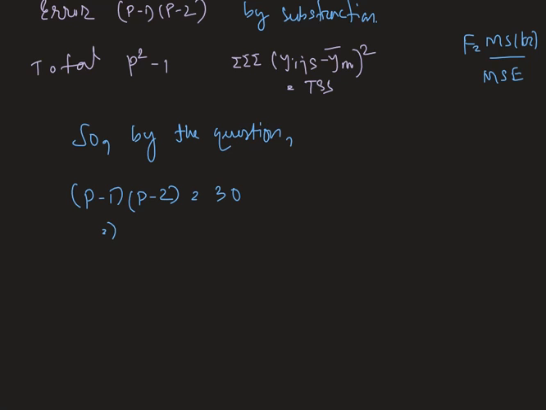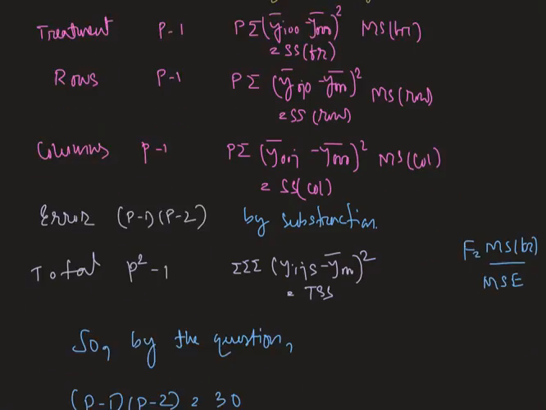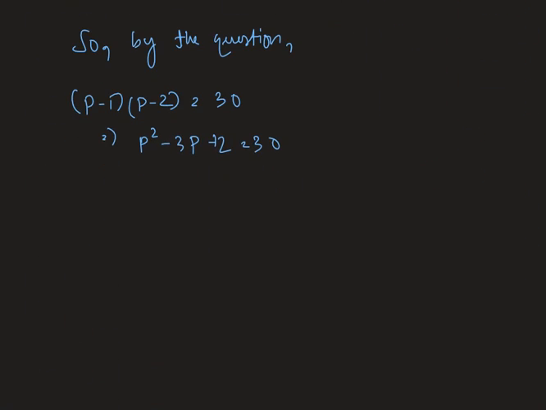So we have p square minus 3p plus 2 is equals to 30. And we need to find the treatment degrees of freedom. Now the treatment degrees of freedom is p minus 1.